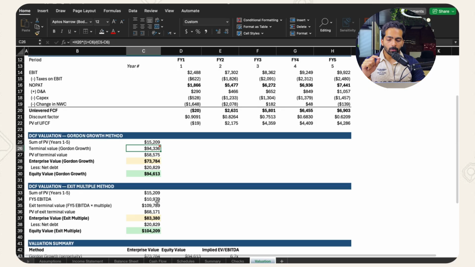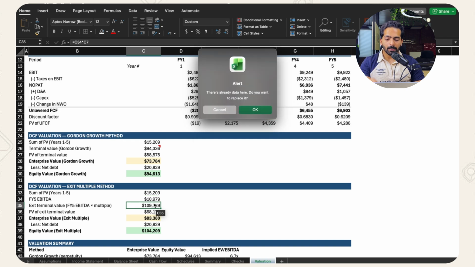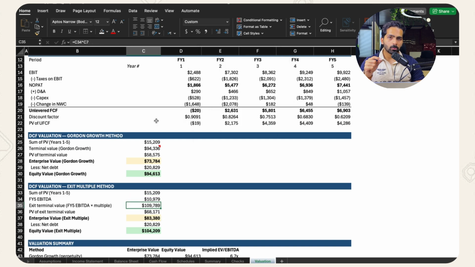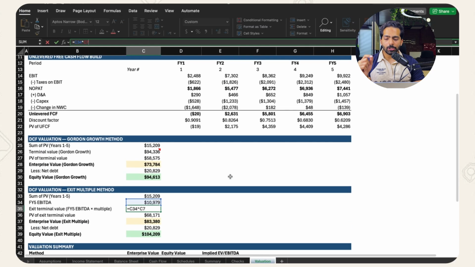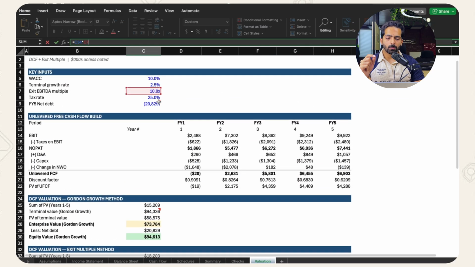If we go down to the exit multiple method, we are just using our EBITDA multiple, which is based on our industry average. You can find your industry and find out the average EBITDA multiple for that industry. You can calculate your exit terminal value using that. We are just using 10x in this case.